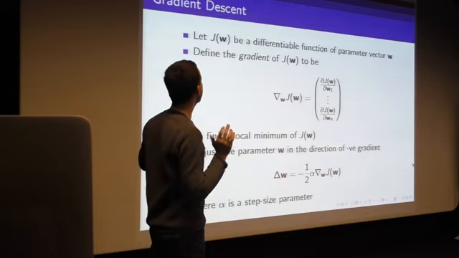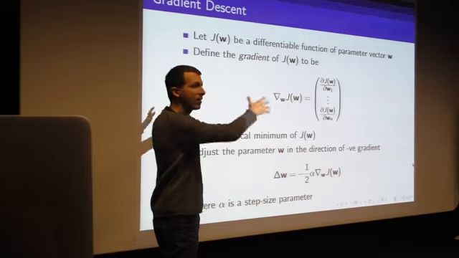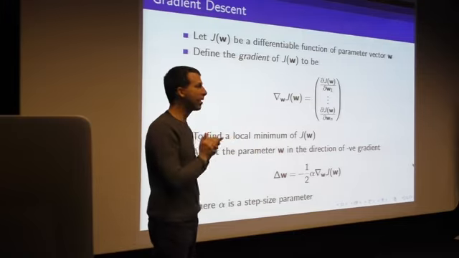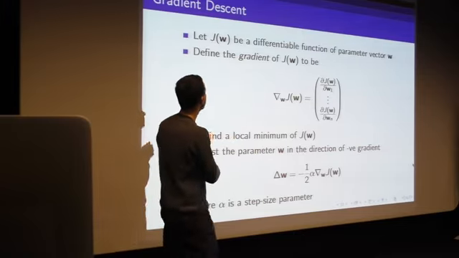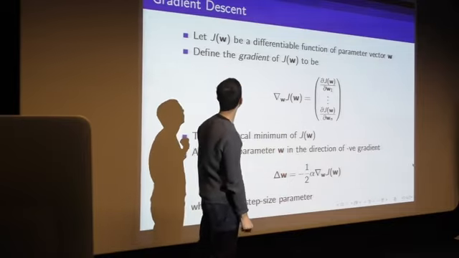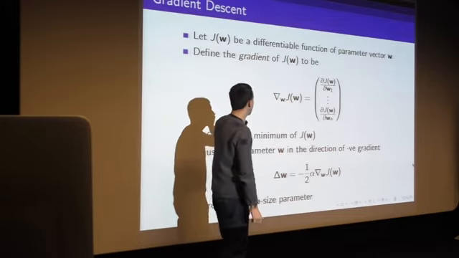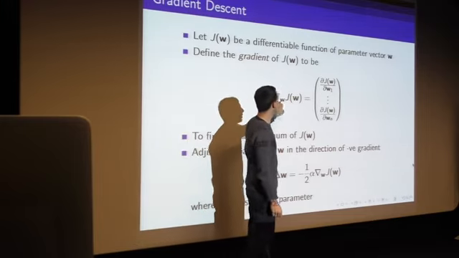So we're going to consider some function. This is just gradient descent in general, before we move to our value function approximation. So let's just consider some differentiable function J with parameter vector w. And we're going to use this definition of gradient, this grad w notation.